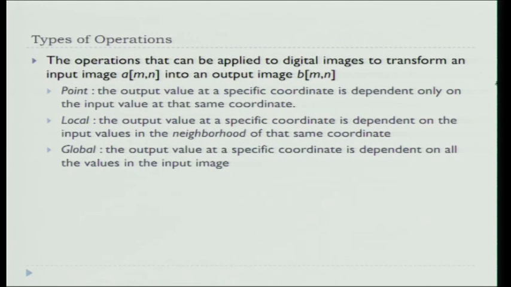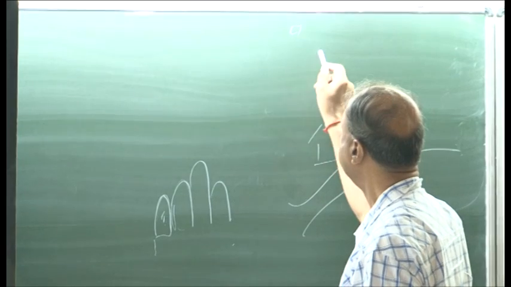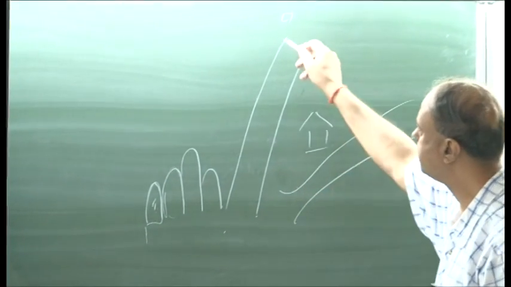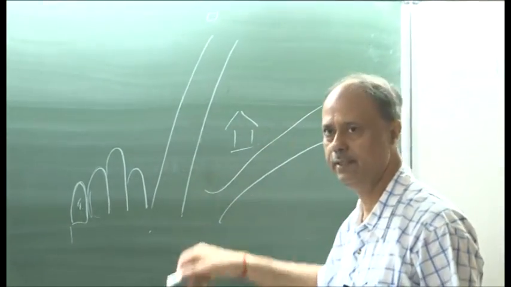Now once I have an image, you need to perform some operation on the image, otherwise what are you representing that image for, right? Say for example, a satellite sends you the data and you get an image. The satellite is moving, and this is the path of the satellite, and it gives a picture of this whole path, from here to here.